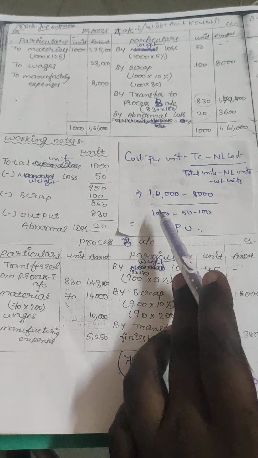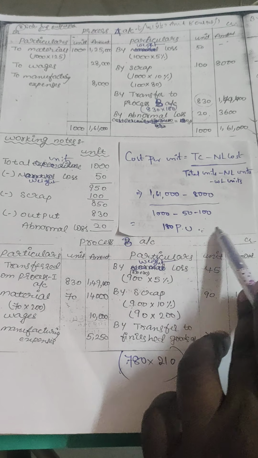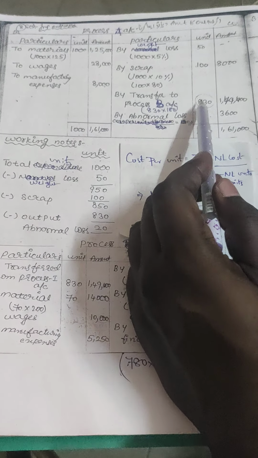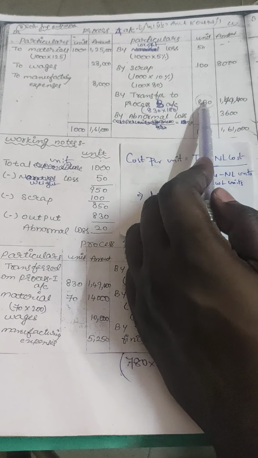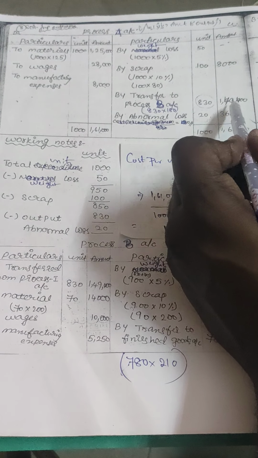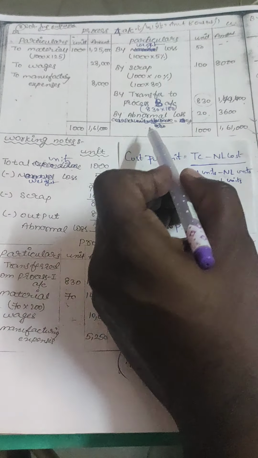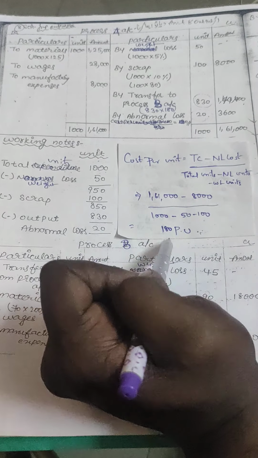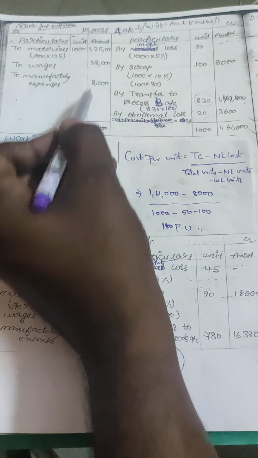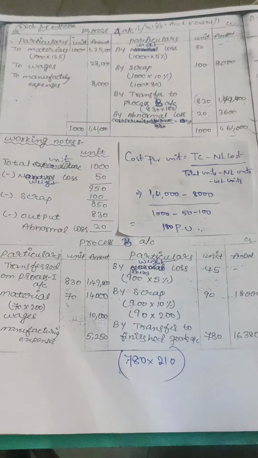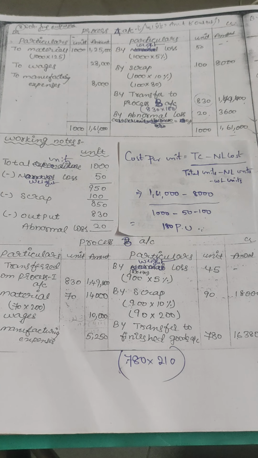So after solving this I got 180 rupees per unit. So multiply 830 into 180, it is 1,49,400, and 20 into 180, 3,600. So if I tally here, debit 1,61,000 and credit also 1,61,000, right?